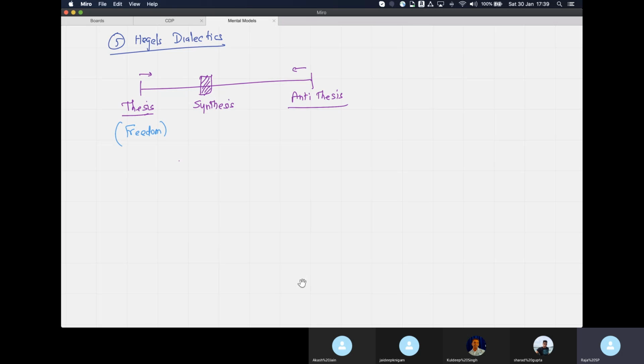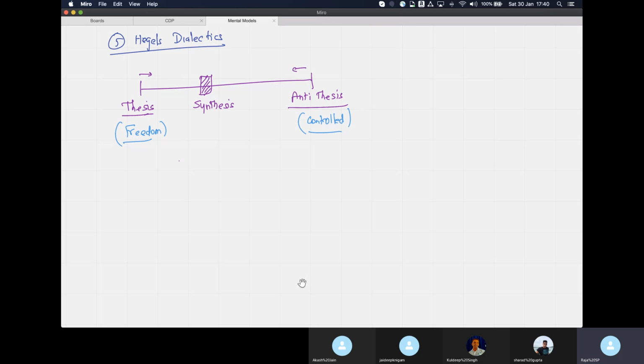And on the other side, we are talking about the exact opposite of it, which is a completely controlled society, or you can talk about dictatorship, even to that extent. And you can see that neither having complete freedom on this side nor having a complete lack of autonomy is good.